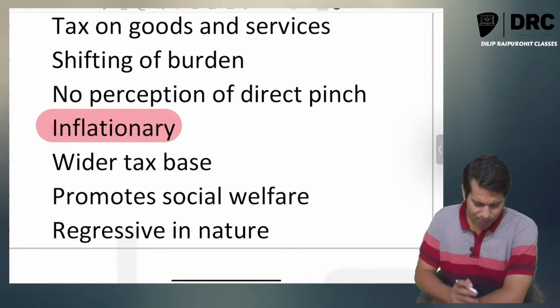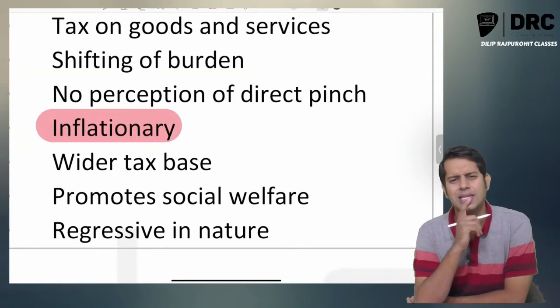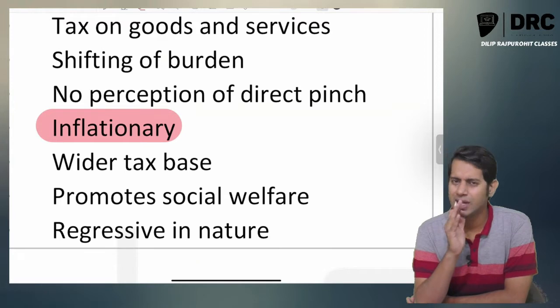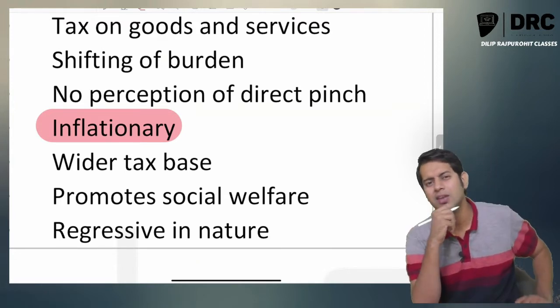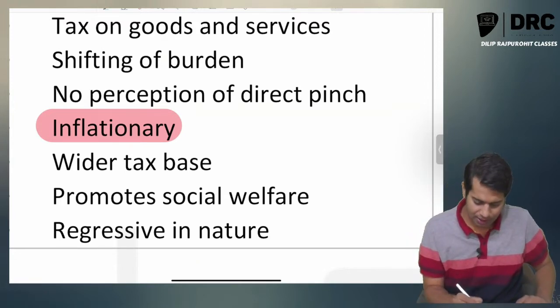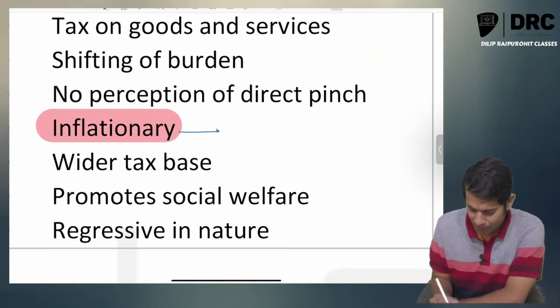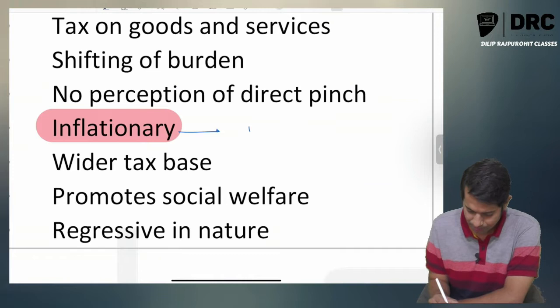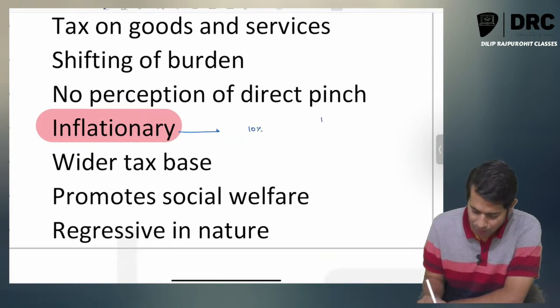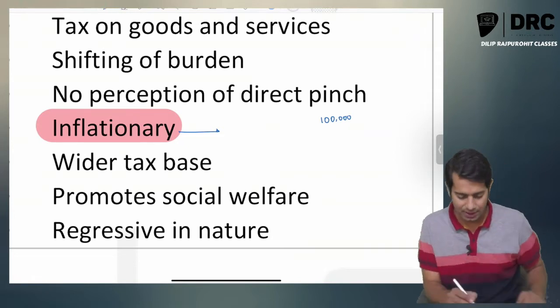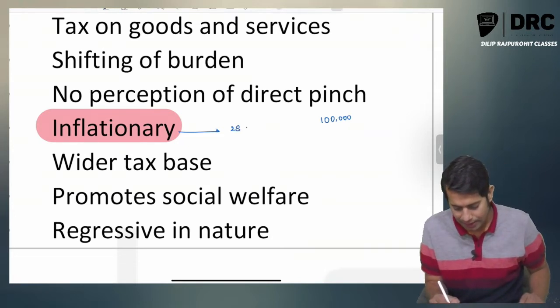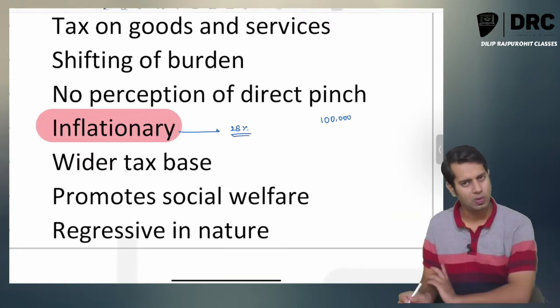Then, one more feature of indirect taxes is that it is inflationary in nature. Sir, what do you mean by inflationary nature? Inflationary in nature means, for example, there is a product on which you have to pay tax. Assuming I purchase a TV worth rupees 1 lakh and 28% is the GST rate on that particular TV.